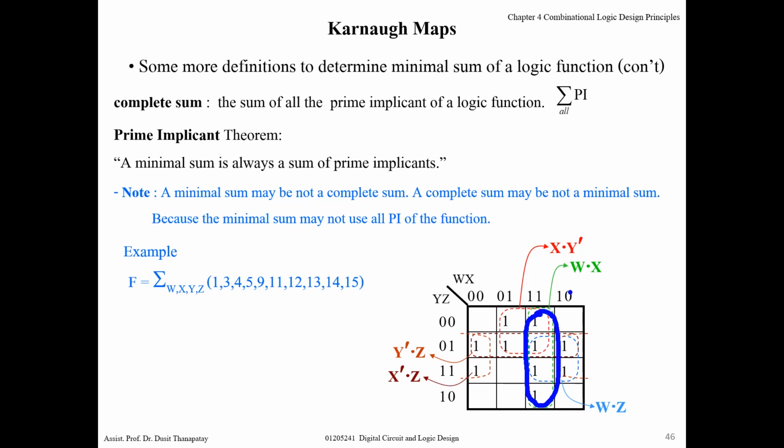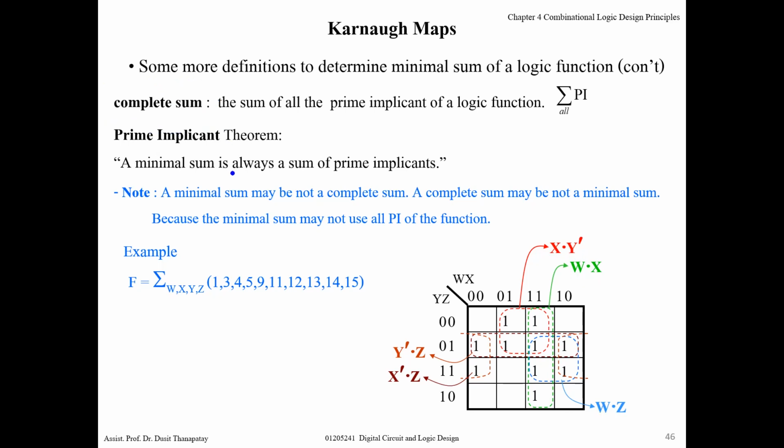This product term is this one. This product term is a prime implicant, and this one also, and this one also. So there are 5 prime implicants. If you make the function by summing all of these product terms, you will get the complete sum.